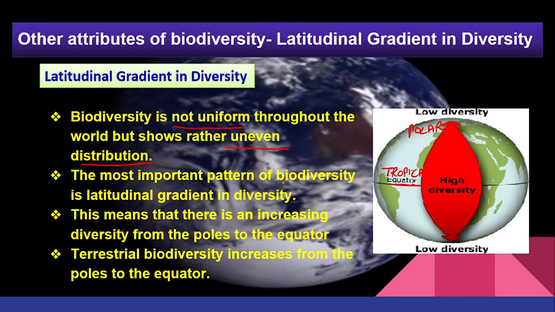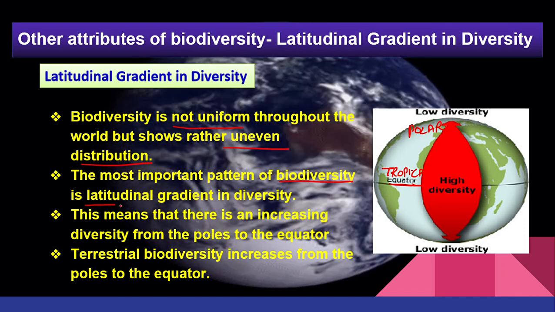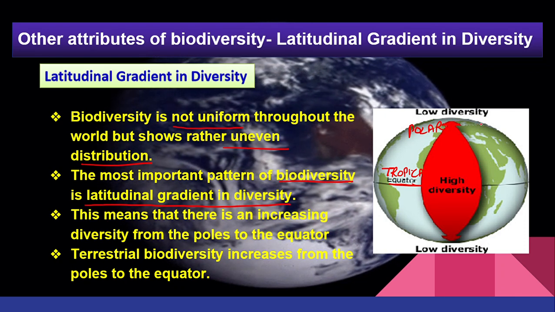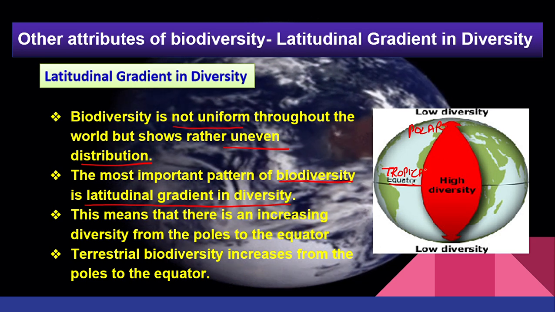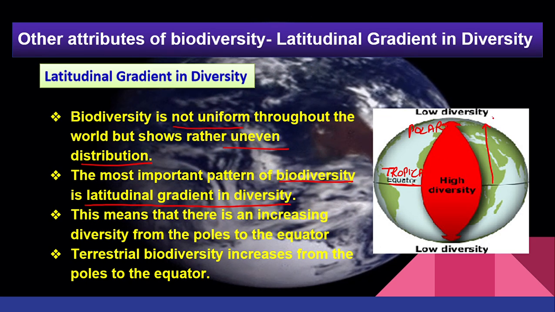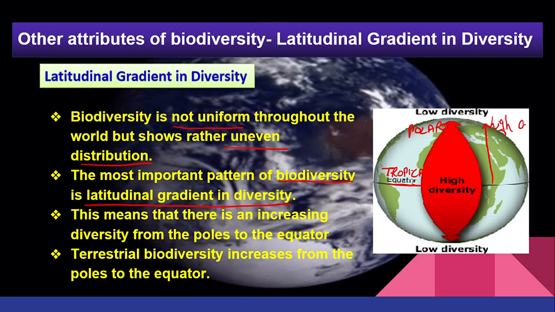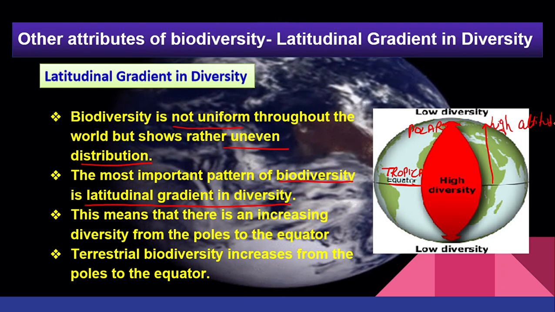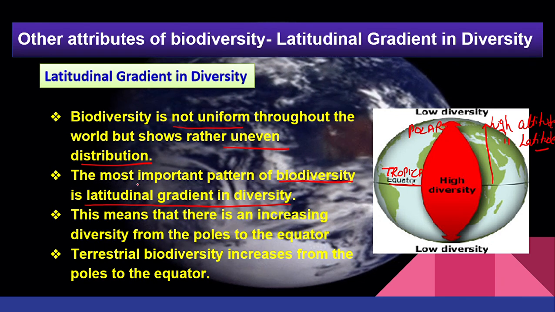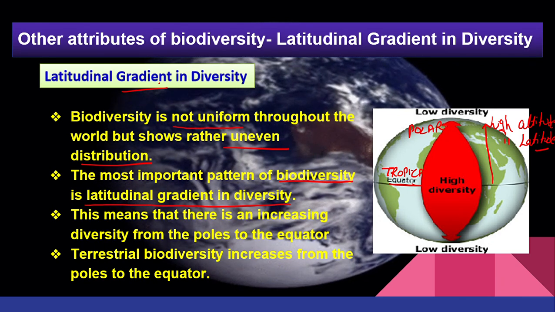The most important pattern of biodiversity is latitudinal gradient in diversity. What is latitudinal gradient? Obviously, what did I tell you? When we move from equator to pole, that means you are moving towards the high altitude or high latitude. Due to this we call it a latitudinal gradient, right?